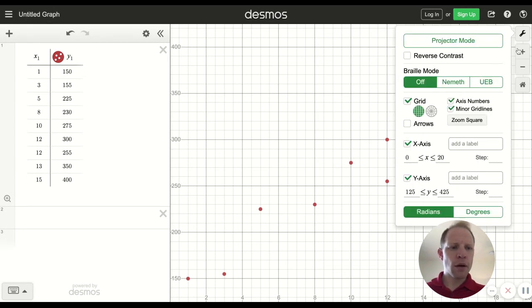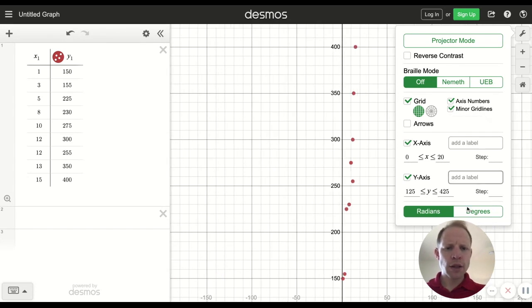Now, if I go up here and click and say zoom square, it makes it square. It looks really weird, right? But it might help us in seeing what's going on here. Okay, so I want to go back out of this. I'm just going to go back here and click on these.